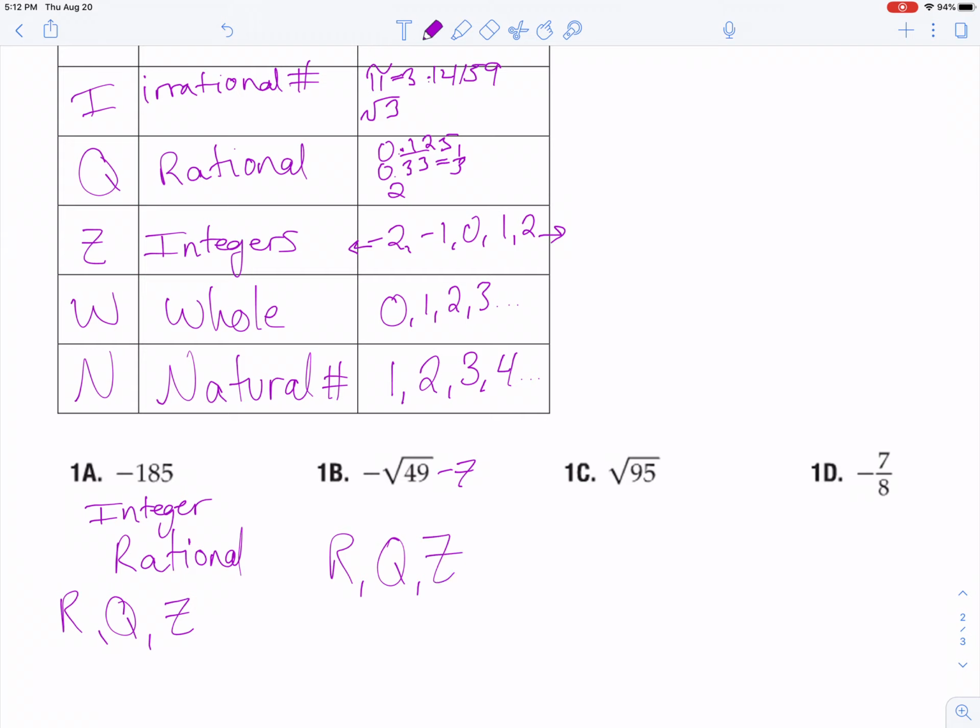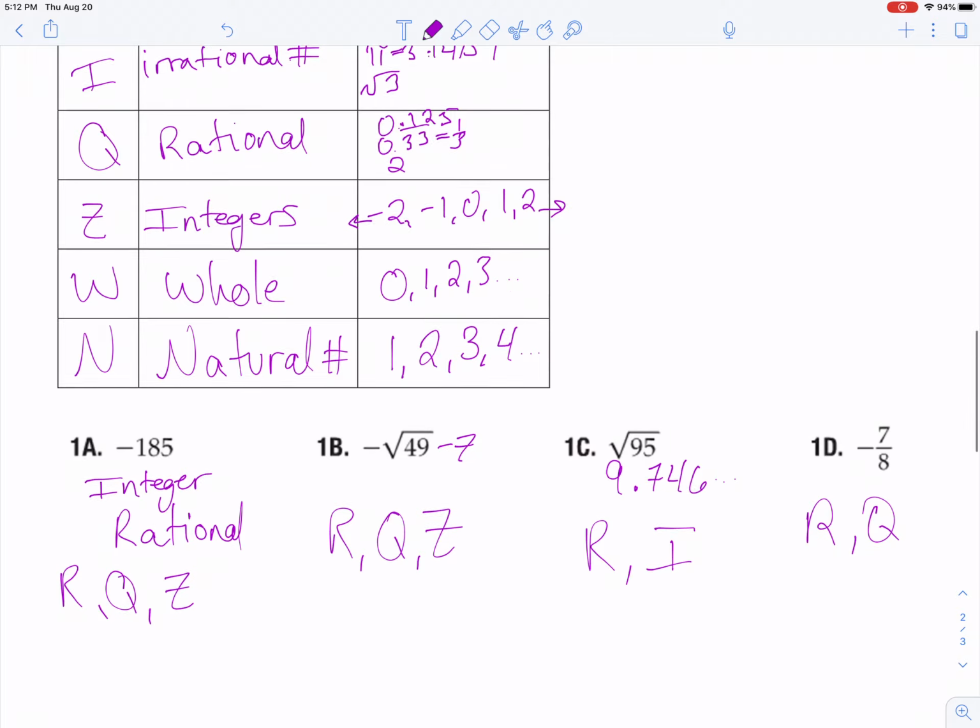Square root of 95: when I plug that into my calculator, I got 9.746 and a whole bunch more ugly decimals. It does not look like it repeats, so this one is irrational. It's still a real number, but it's irrational. Negative 7/8 is a real number and a rational number, but that's it.